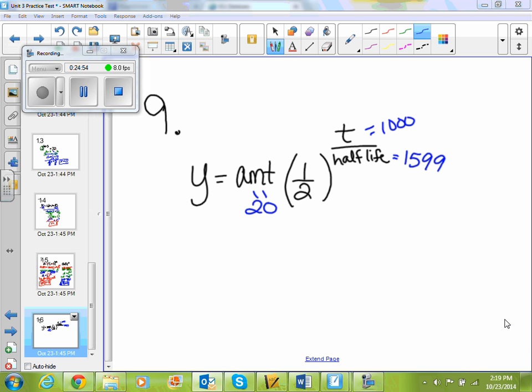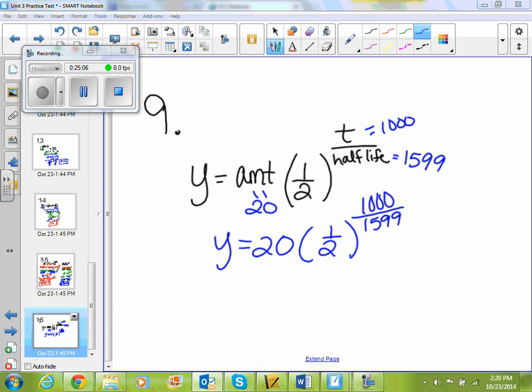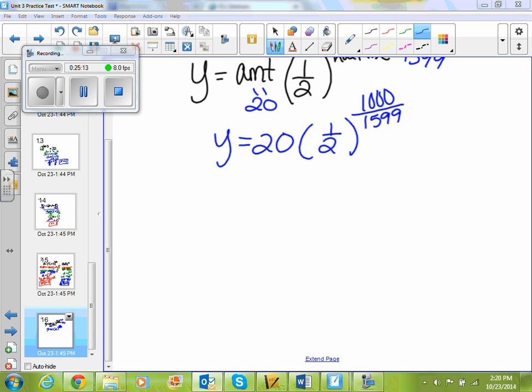So if I plug that all in, then I get y equals 20 times 1/2 to the 1,000 divided by 1,599. Okay, well, what's 1,000 divided by 1,599? Perfect, 0.625.